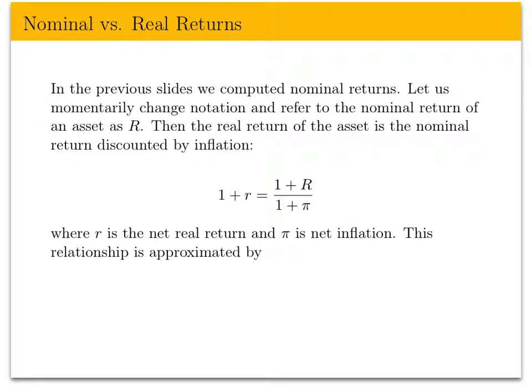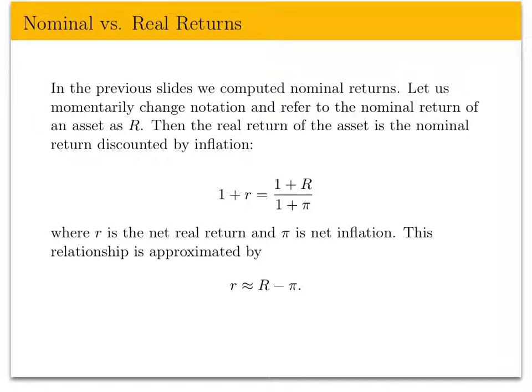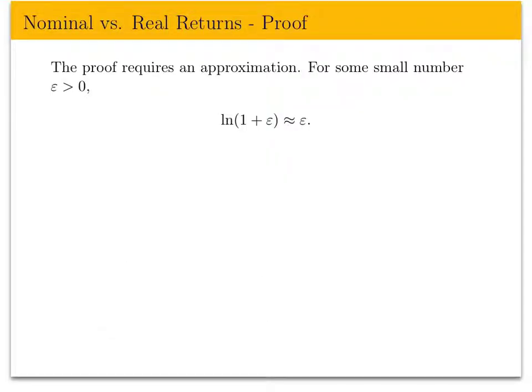This relationship is approximated more easily by the net real rate of return being approximately equal, that's what these wavy equals signs signify, to the nominal interest rate, net rate, minus the net inflation rate. Let's prove this on the next slide.